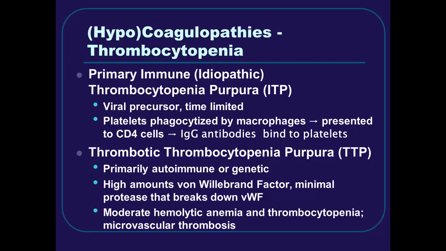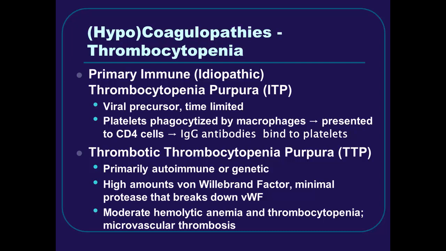So you've got platelets. The enzyme isn't there to break down von Willebrand factor and without von Willebrand factor, those platelets can't stick to the vessel wall. When they can't stick to the vessel wall, you don't have that clotting at that site of injury.